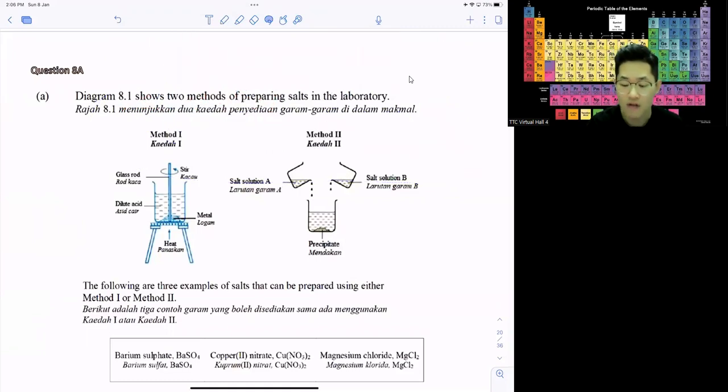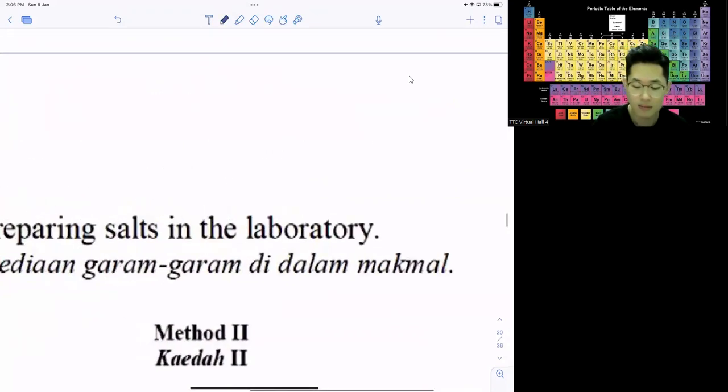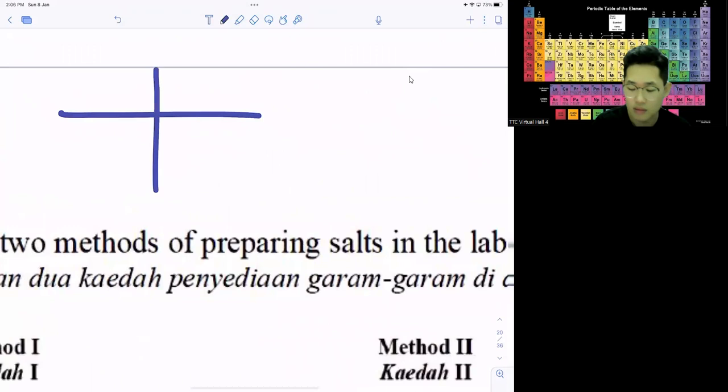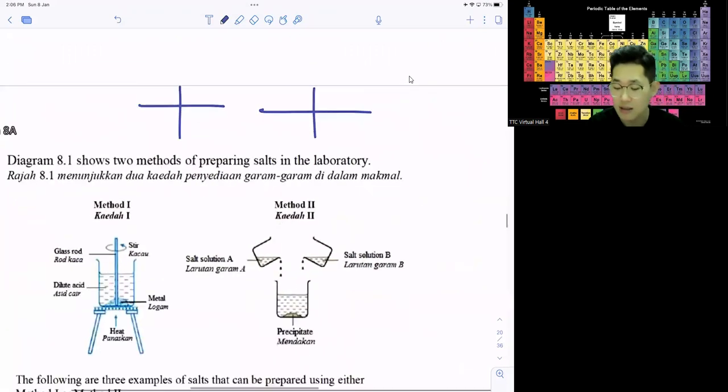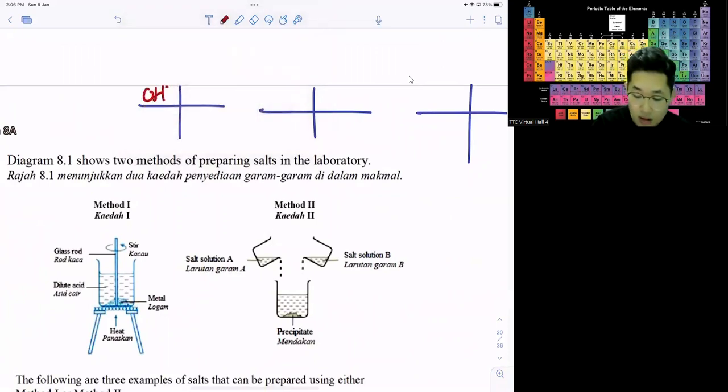So preparation of salt, got 3 crosses: OH, COOH, and N star.